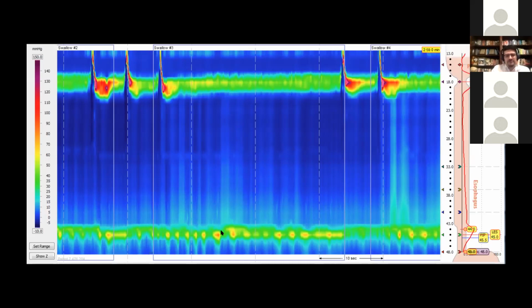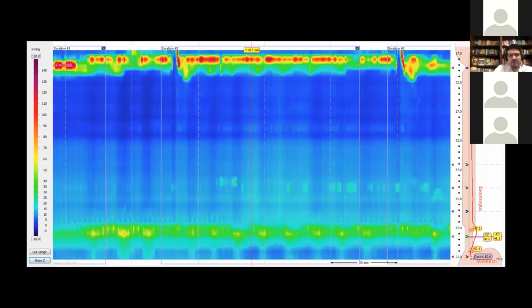The pressure is even maintained, and it actually goes a little bit back up, as it will in a normal swallow. So no contraction and failure of relaxation in the LES is essentially a type 1.